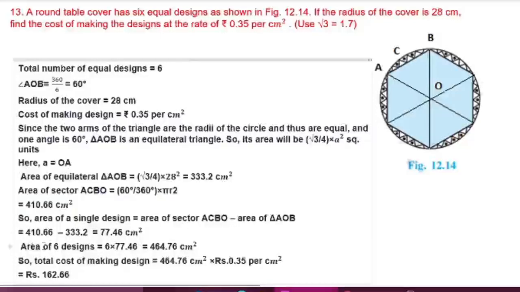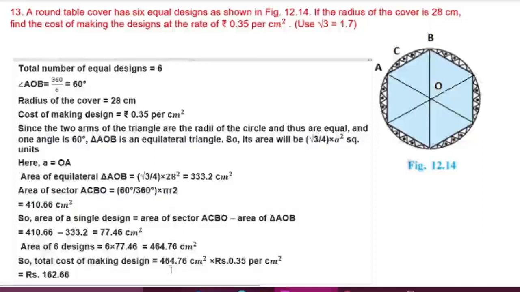Therefore, you find the area of 6 designs. That is 6 into 77.46 equal to 464.76 centimeter square. Now we find the total cost of making the design.